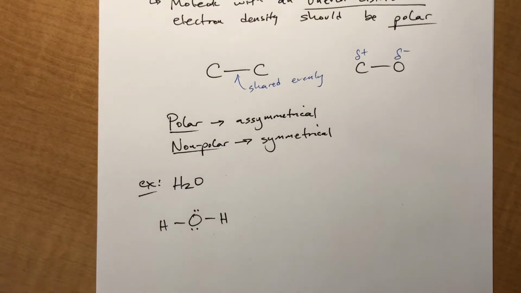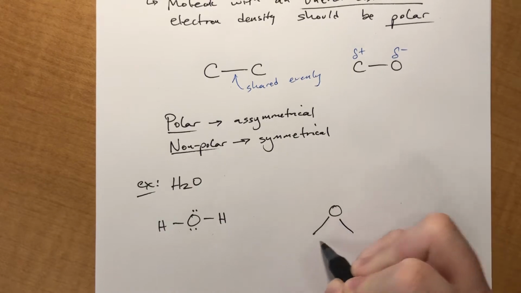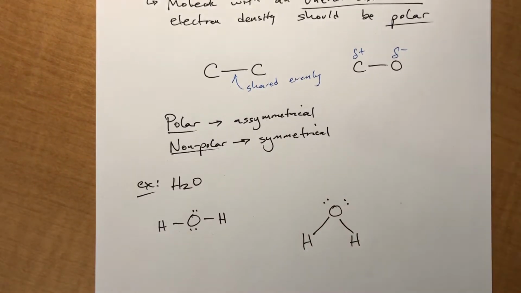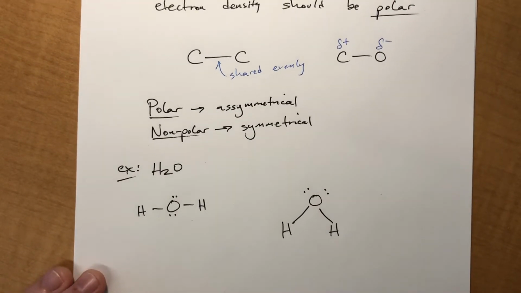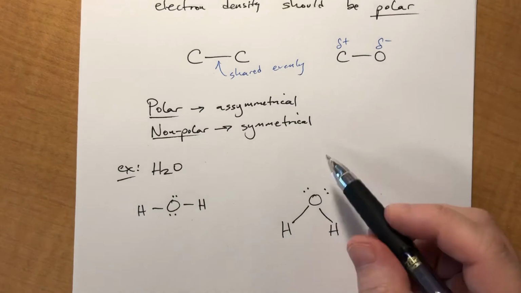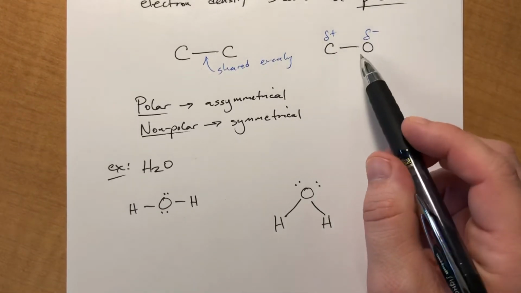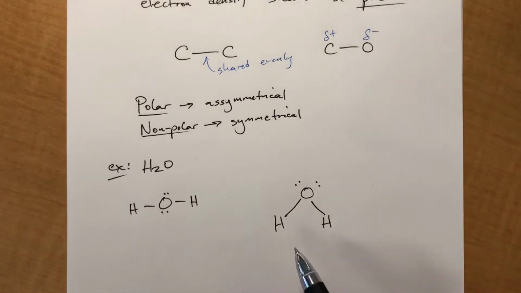I do not absolutely need you to draw things with the correct molecular geometry, but I absolutely need you to be able to visualize it as such. So this molecule is bent. I'm going to draw it like this because that's easiest. And what we're looking for is how evenly the electrons are being distributed. So we're going to look at the even or uneven distribution of electrons based on electronegativities.